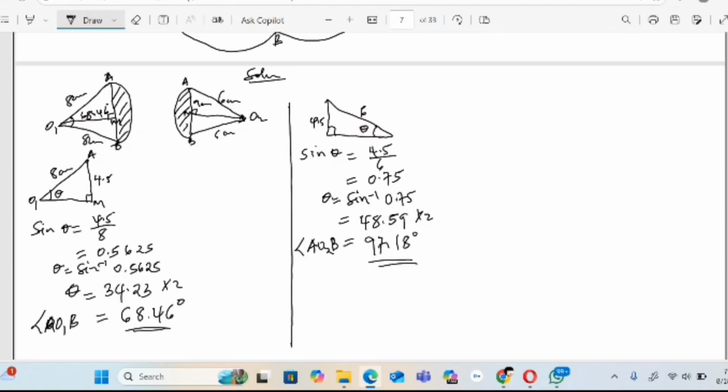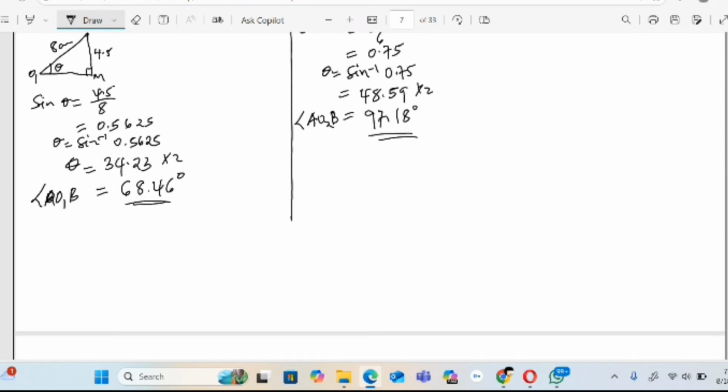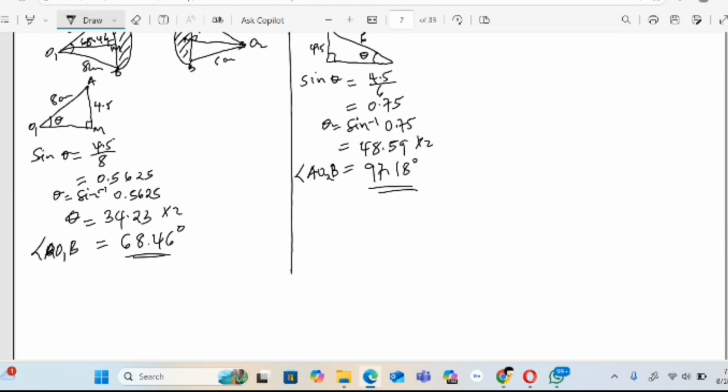Now we can find the area of the shaded region by getting the area of each segment separately. Then we add them together to get our final answer. So let's start with the AO1B.